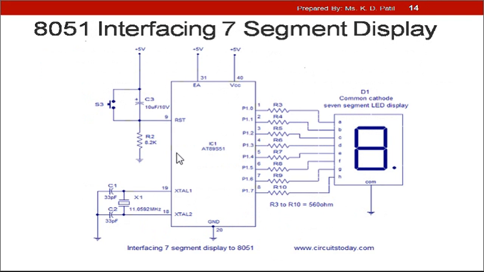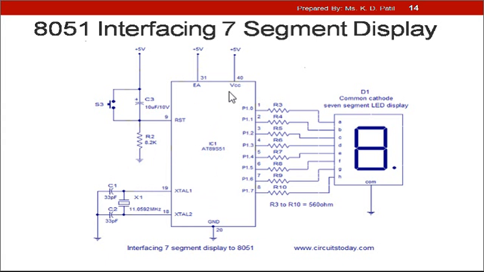Now if you observe the previous diagram, that is interfacing of LED to 8051 microcontroller, let us compare that diagram and this diagram. In that diagram and here, the oscillator frequency crystal is the same. There is no change.